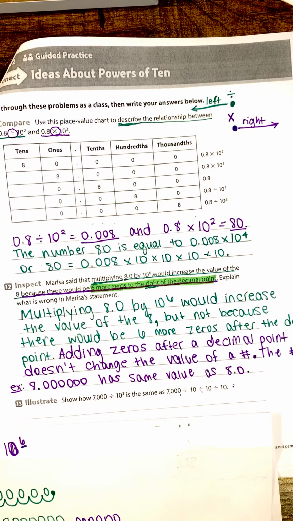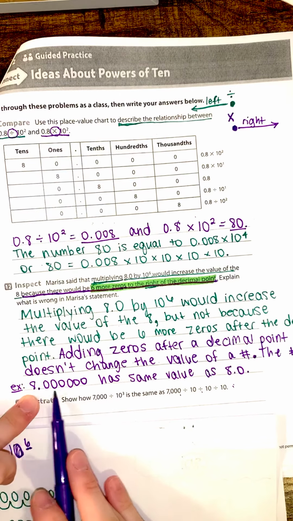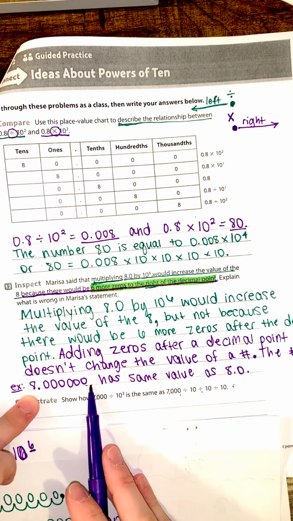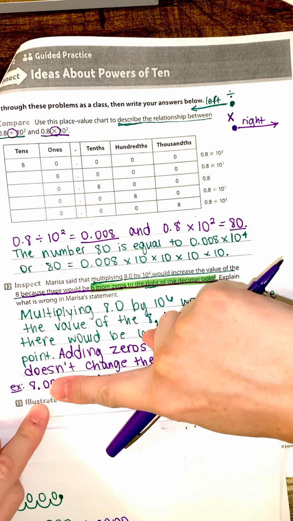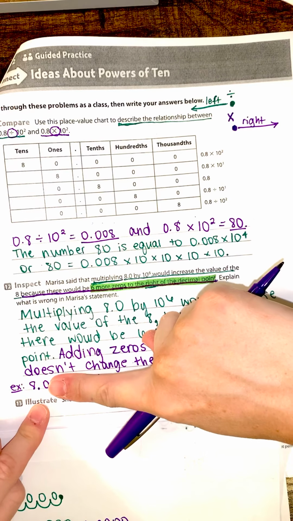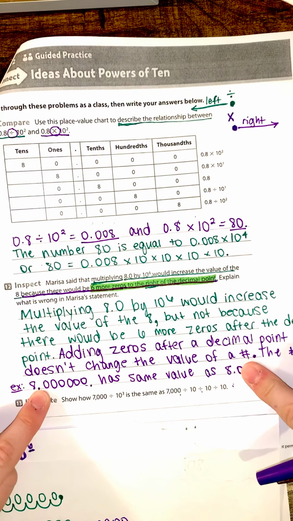Does that make sense? Even though this looks like it's a larger number because it has more zeros, they're just place value holders. Okay, that is still 8.0. It's still the exact same value as 8.0.